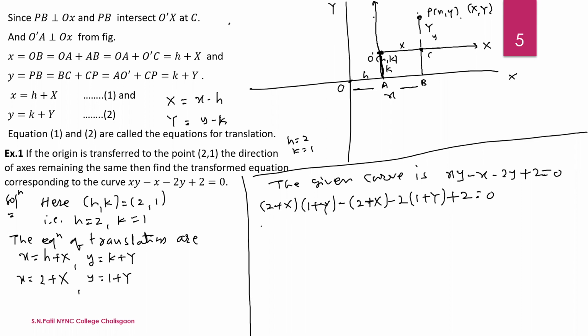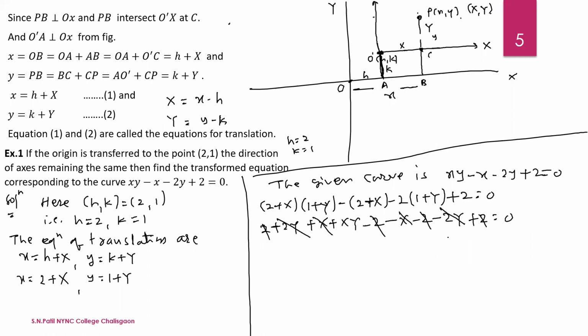Now let us simplify. 2 is multiplied here, that is 2 plus 2Y, X is multiplied, X plus XY, minus 2 minus X, minus 2 is multiplied, minus 2 minus 2Y, okay, plus 2 is equal to 0. Now minus 2Y and plus 2Y cancel, minus 2 minus 2 minus 4 and plus 2 plus 2 plus 4 also cancel.